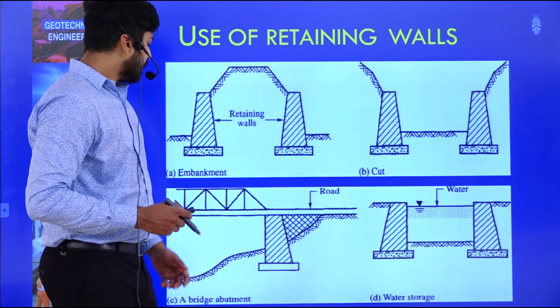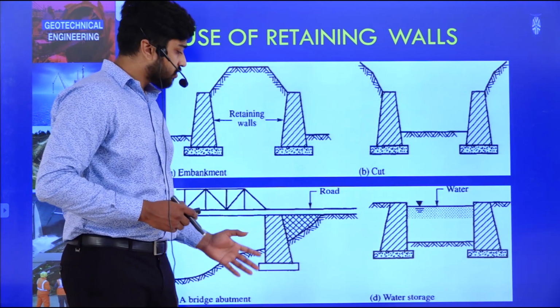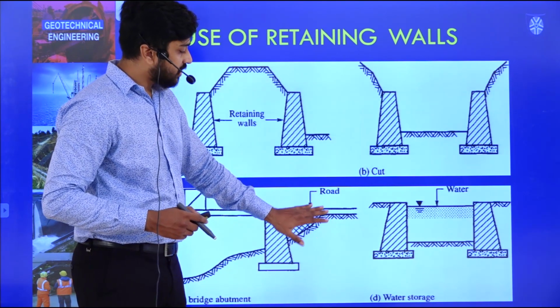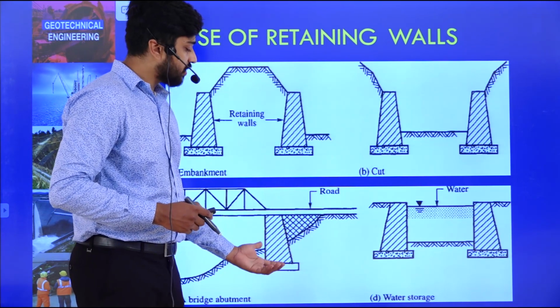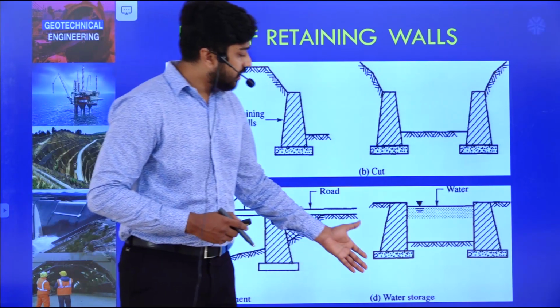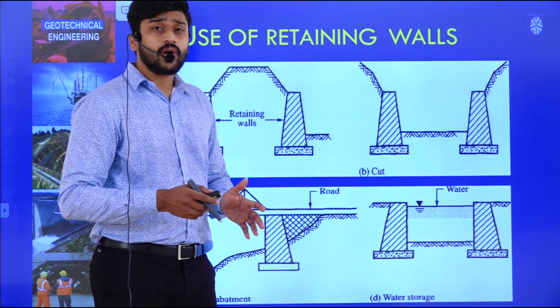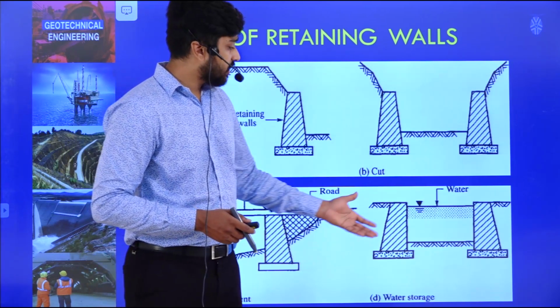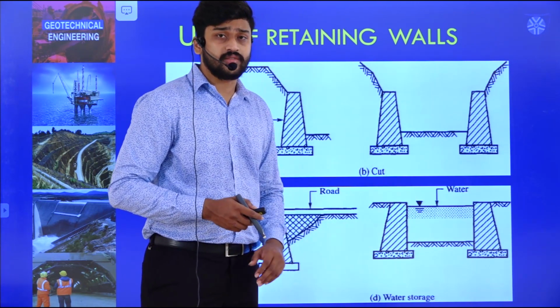The other type is a bridge abutment. Imagine there is a bridge construction here, so obviously the surrounding soil has to be supported, so a retaining wall is given here. Similarly, the other one is water storage. Along a river side or any shore, there may be a requirement for a retaining wall so that the soil doesn't slide away.